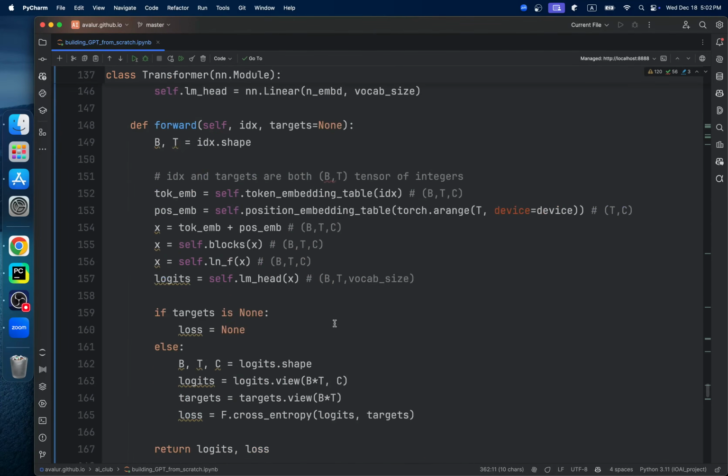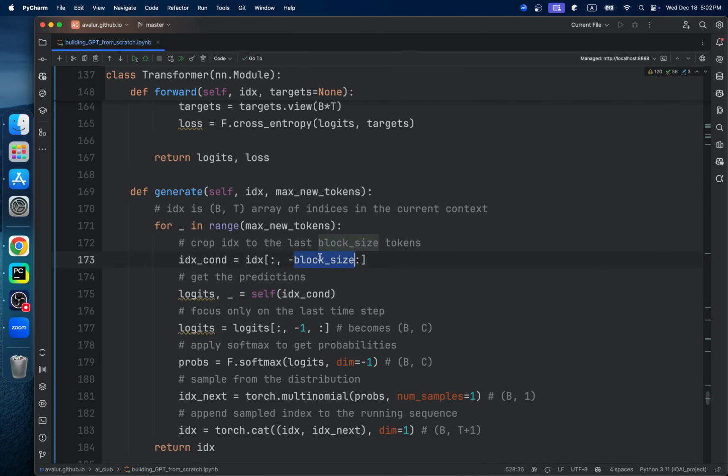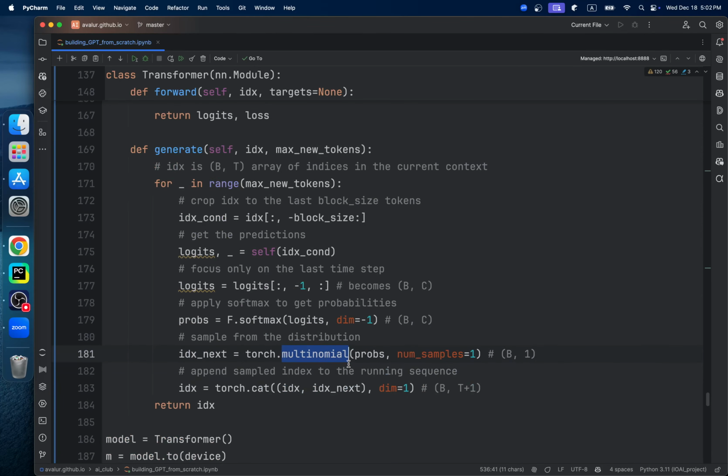Okay, and here is the generate function. So we simply select 32 tokens, then we run the transformer model, and based on the logits, actually on the last logits, we transform them to probabilities and sample the next token, in our case character, based on these probabilities.